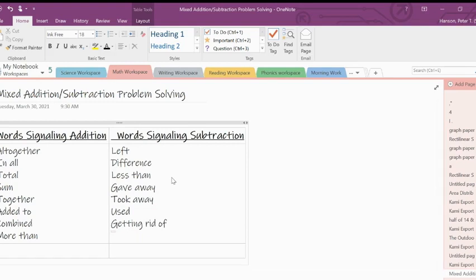Now, when we use those words or when we're looking for them within our word problem, we need to make sure that we're finding those in our question. The question part is going to be what is telling us what we need to do with the problem. The beginning parts of it, the first sentence or two, are going to give us information. There are ways that can help us model what the question is going to be like, right?